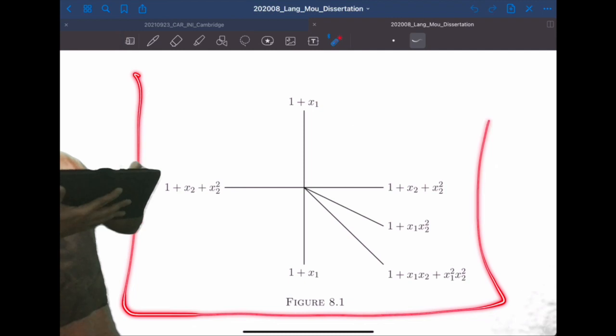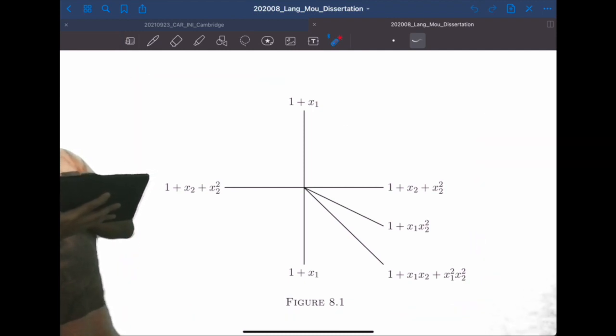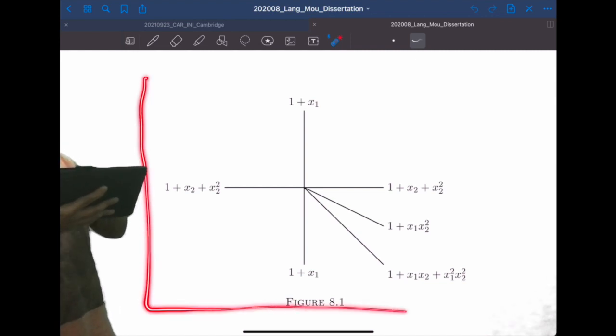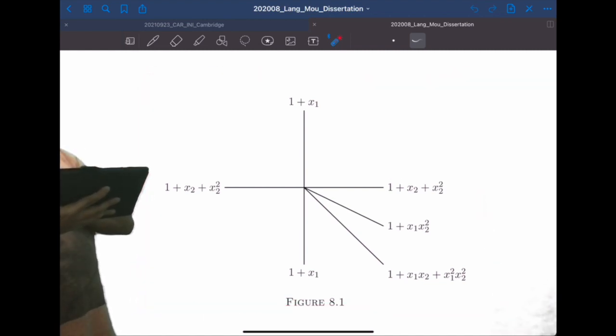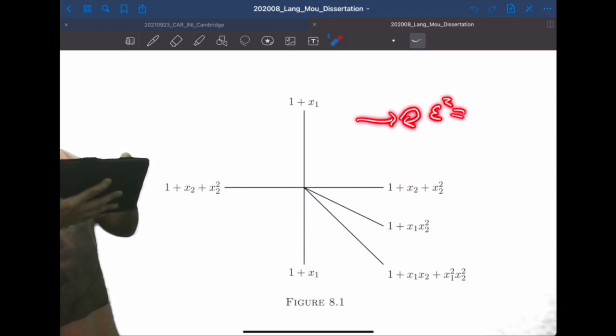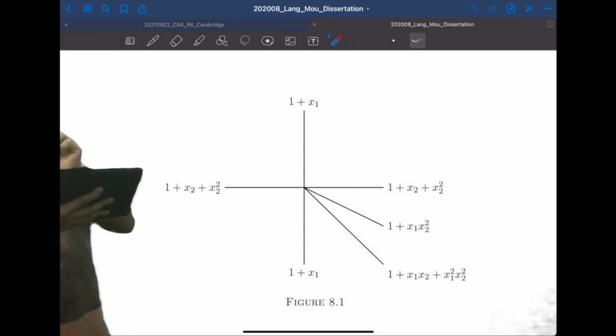This appeared in Lang's PhD thesis. So somehow, what we are saying is that this is the stability scattering diagram of this quiver with epsilon square equals 0. And hence completing somehow the picture introduced by Brüstle, Smith, and Treffinger.